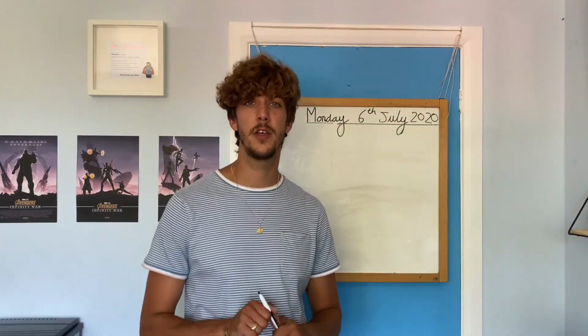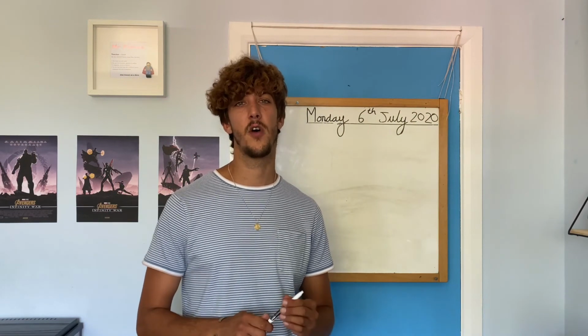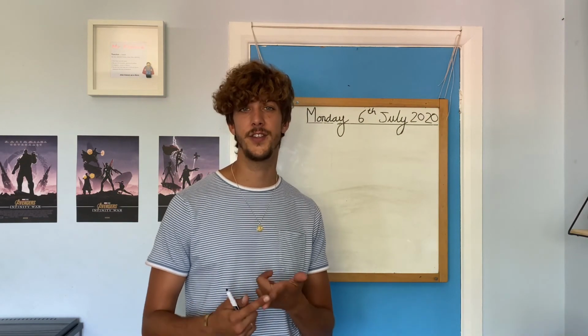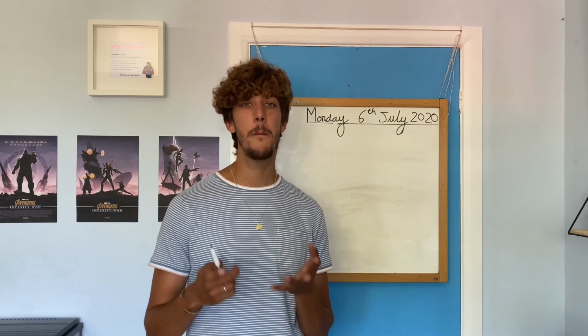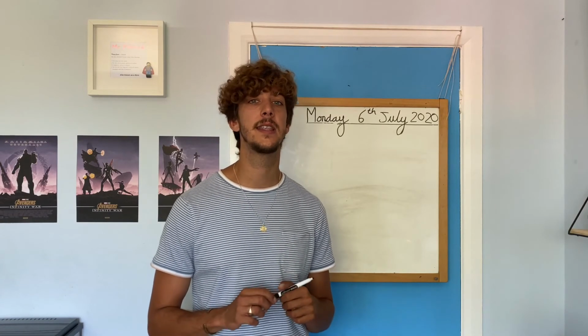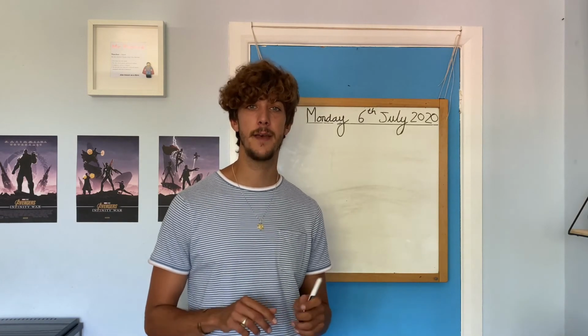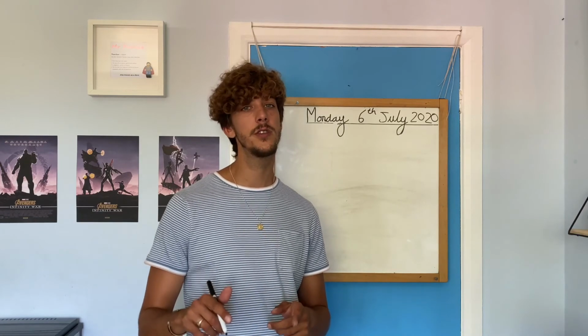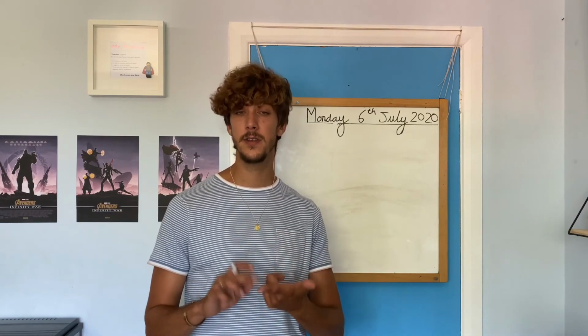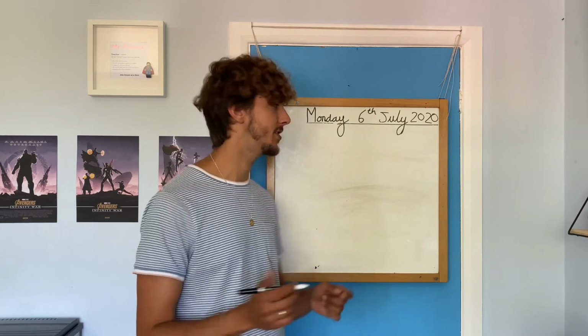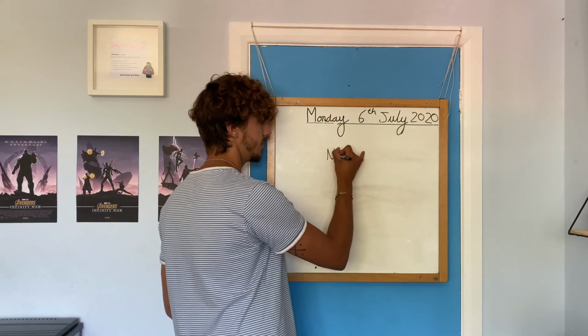Awesome, super well done on that. I'm sure you are able to find lots and lots of different nouns, adjectives and adverbs. Now, for our main activity, you are going to be looking at a different text called My Stepmum is an Alien. And what you're going to do is you're going to highlight in different colours the nouns and the adjectives.